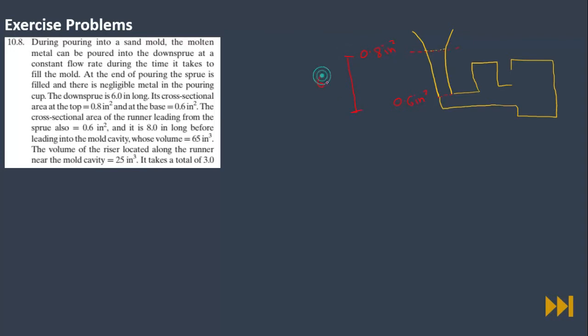It says the cross-section area of the runner leading from the sprue was also 0.6. So this is also 0.6, like this one. And the total length of the runner is 8 inches.